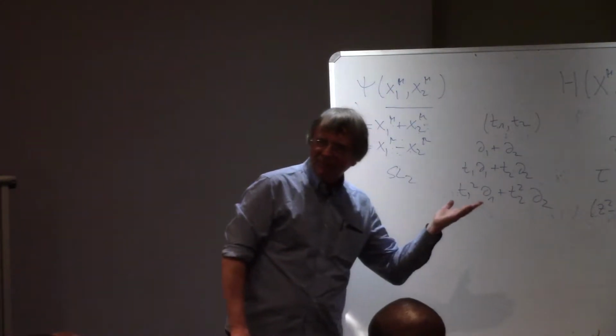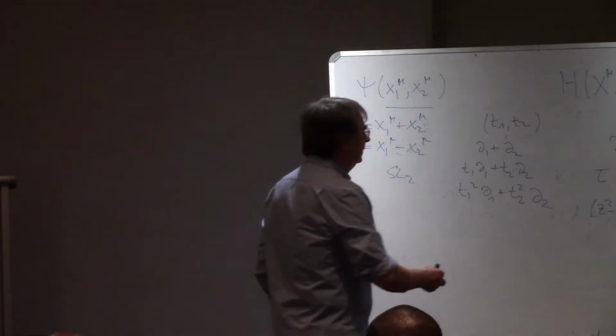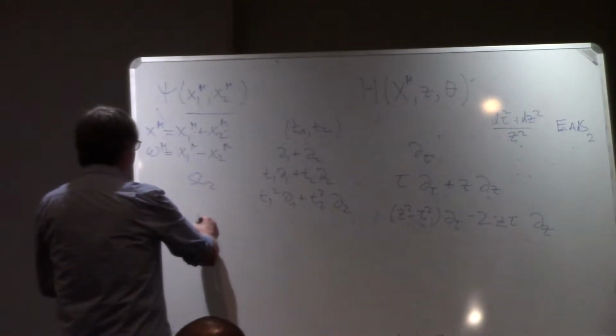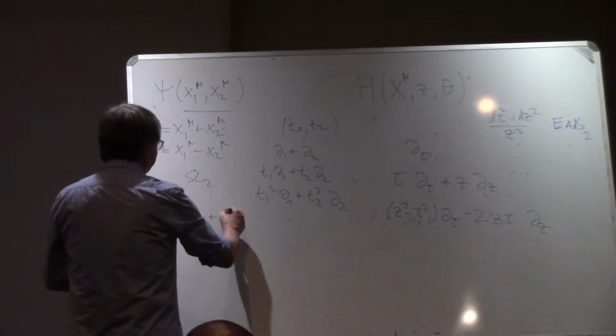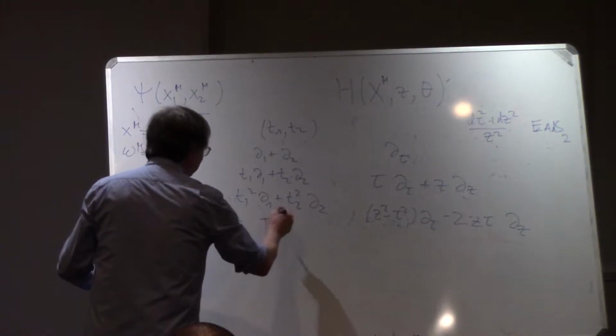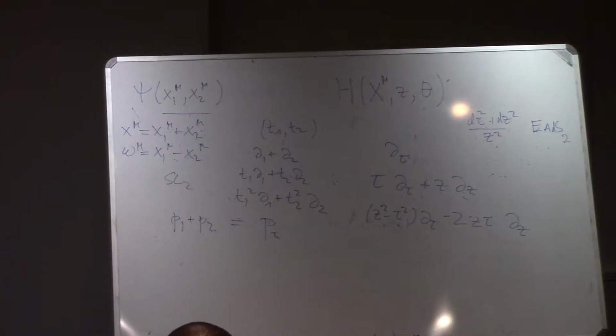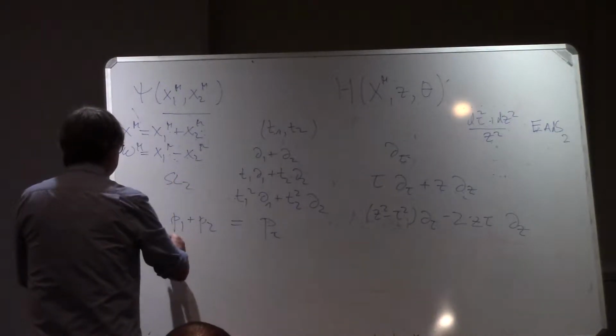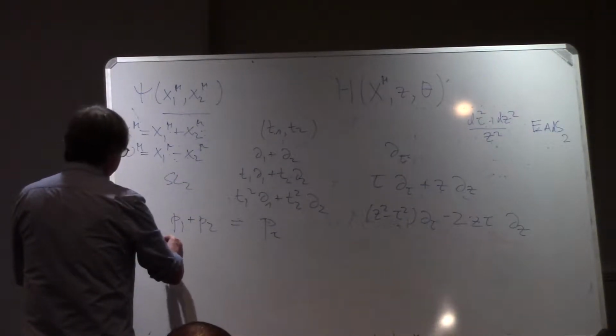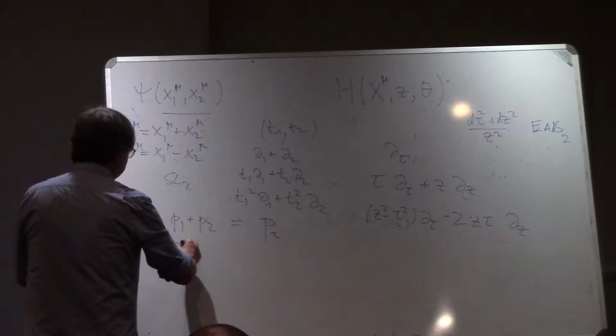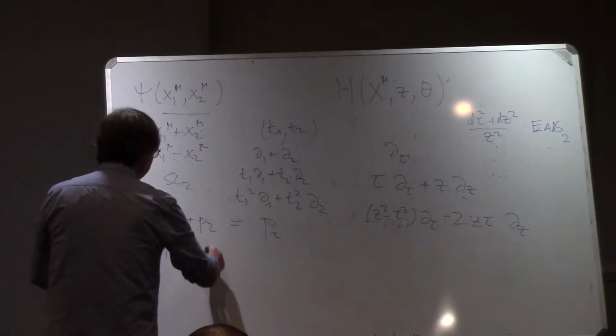If you do the opposite and write that basically as P1 plus P2 equal P, that already is one relationship in momentum space. Obviously, that's the center of mass momentum. And then you just write P1, d P1. So everything has to be done in momentum space.